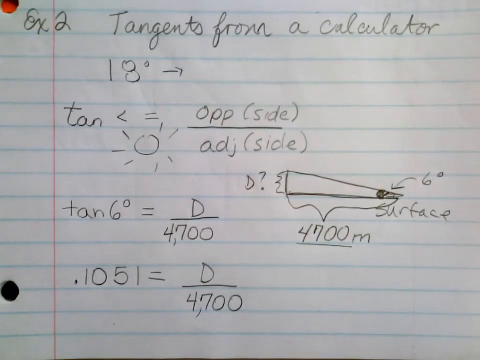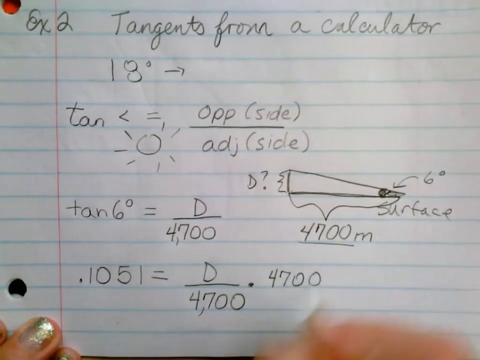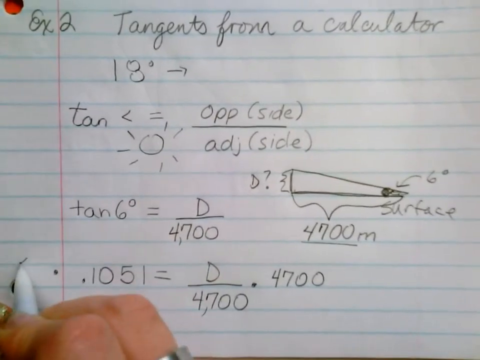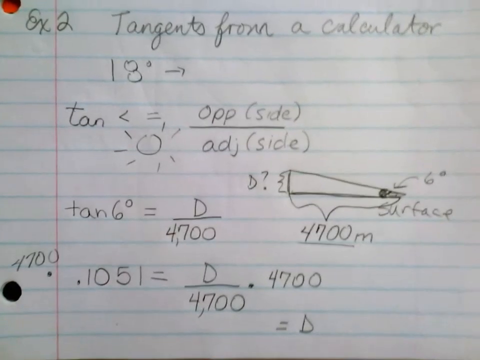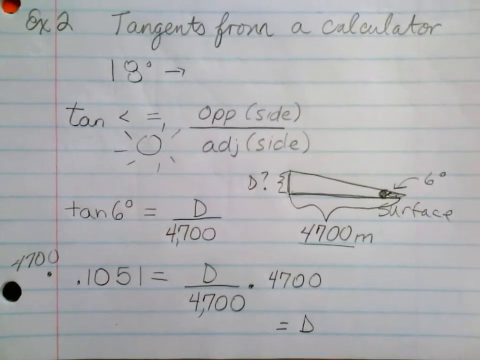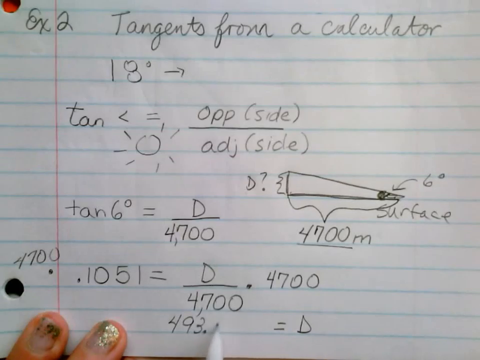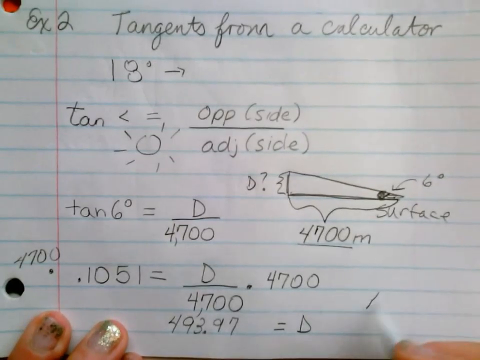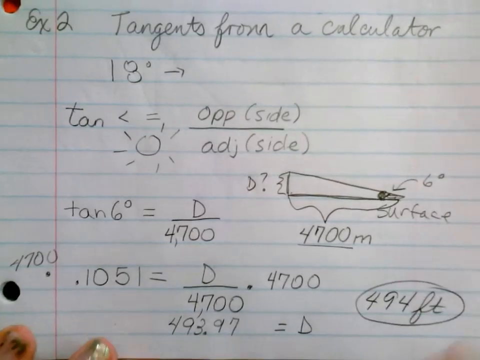When you have a fraction with a missing numerator, you solve by multiplying both sides by the denominator that you have. D is then equivalent to the product of 4,700 and 0.1051. So you got 493.97 and they want it rounded. There's your answer.